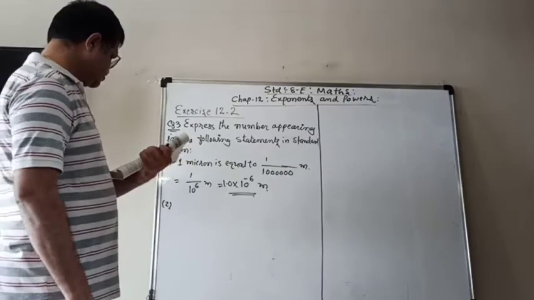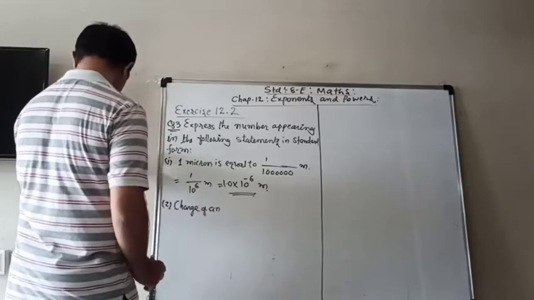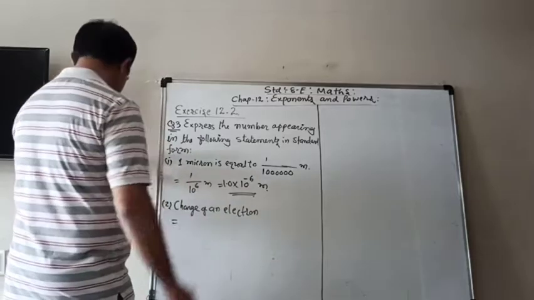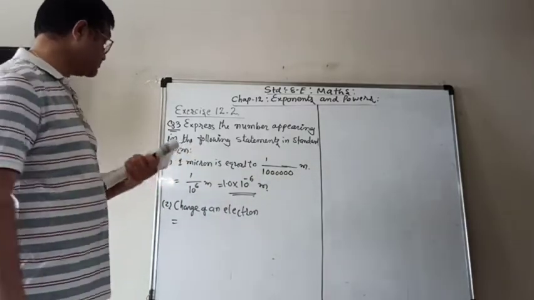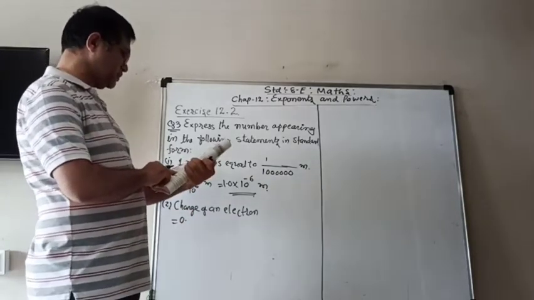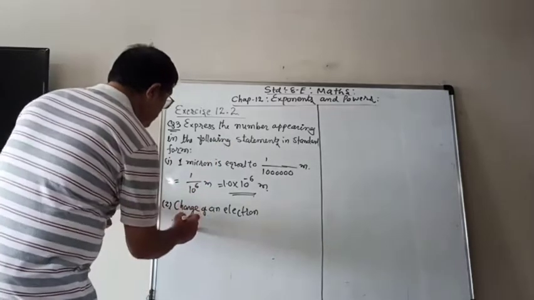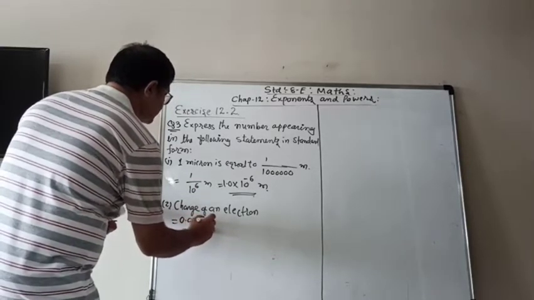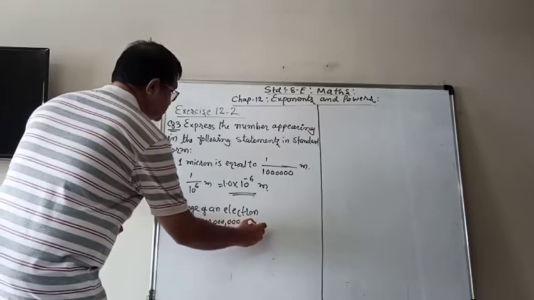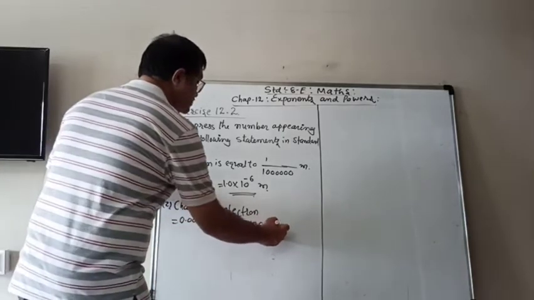Second one, charge of an electron. Charge of an electron is equal to, oh, there are lots of zeros after the point, 0.00000000000000000016 coulomb.